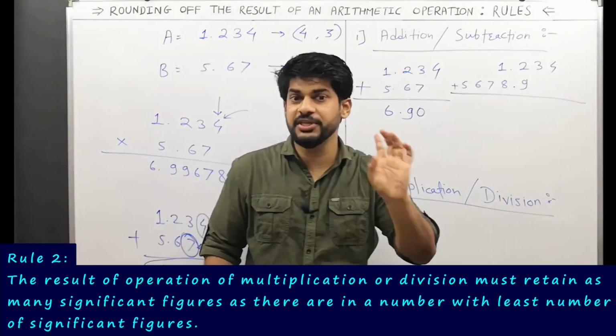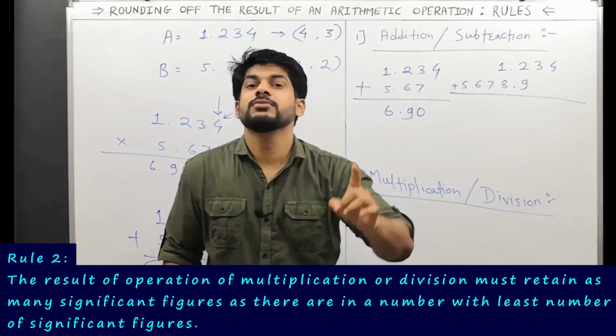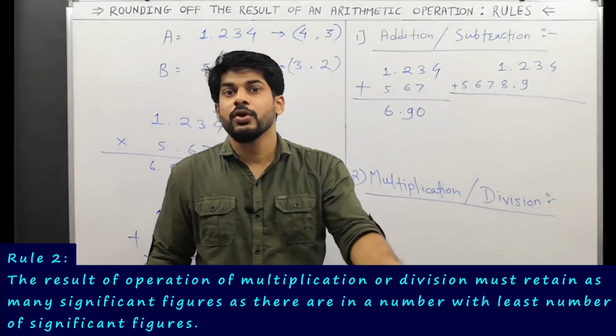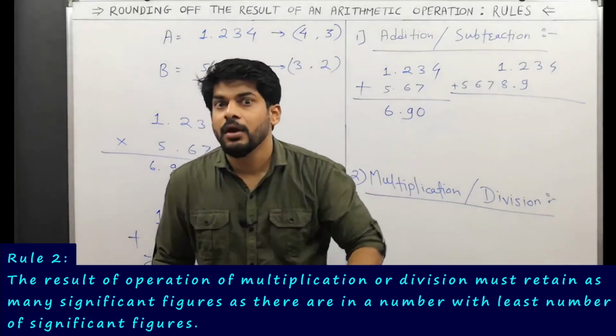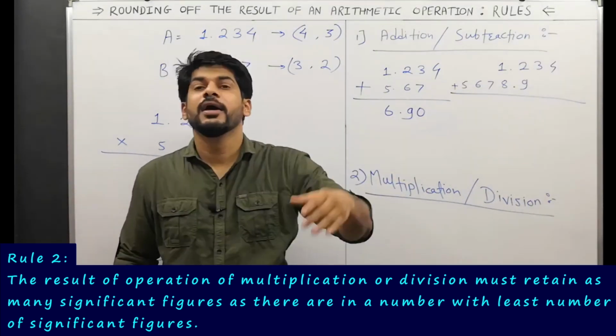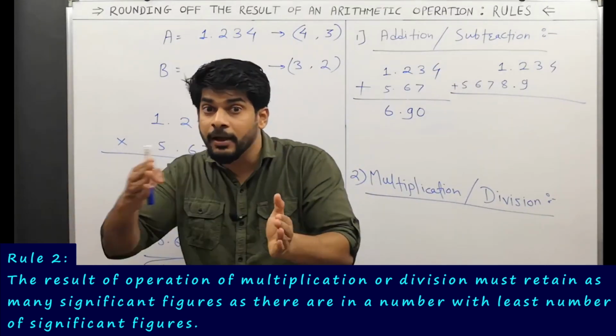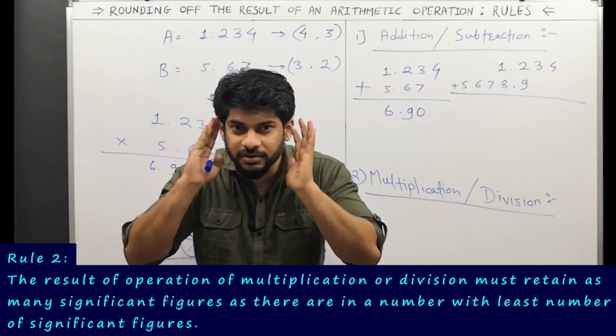I will repeat again. The result of an operation of multiplication or division must retain as many significant figures as there are in the number with the least number of significant figures.